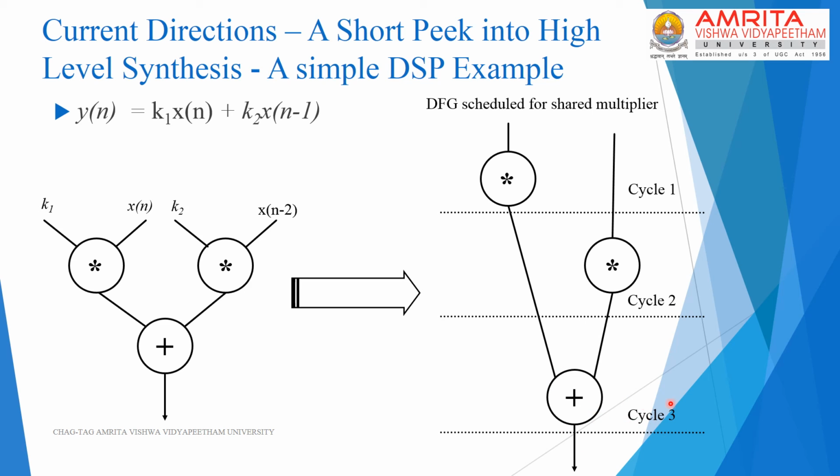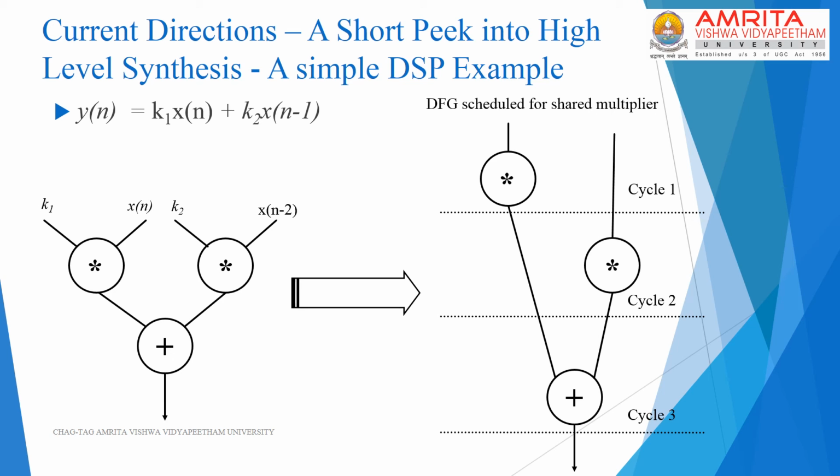So we resort to a process of rescheduling the operations and generate a rescheduled DFG, which is shown on your right. So in this data flow graph, you can see that in the first cycle, the first multiplication is executed, and in the second cycle, the same multiplier is used to complete the second multiplication operation, and finally the addition happens in the third cycle. So in order to store the outputs of the multiplication operations, obviously we require registers. So intuitively, just by looking at this DFG, we can say that the data path of this particular system will consist of a single adder, a multiplier, and registers.